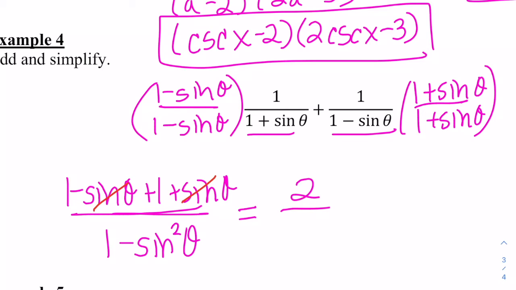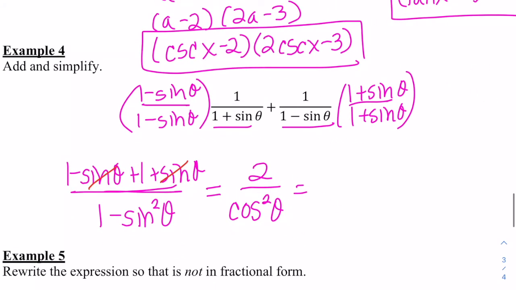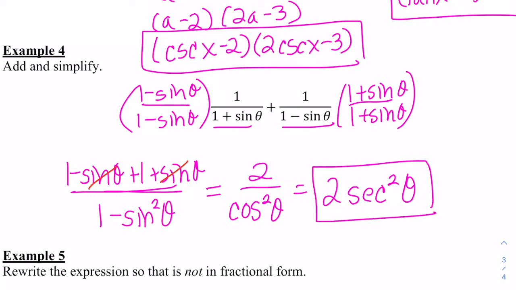And we know that 1 minus sine squared is cosine squared. And we could rewrite this without a fraction because the reciprocal of cosine squared would be secant squared. So we could rewrite that as 2 secant squared theta. And it's always preferable to write it without a fraction.